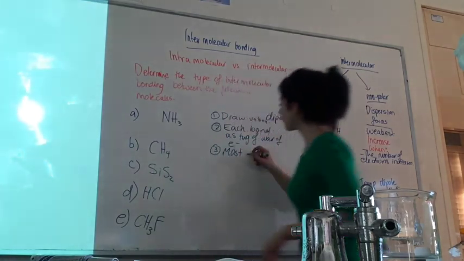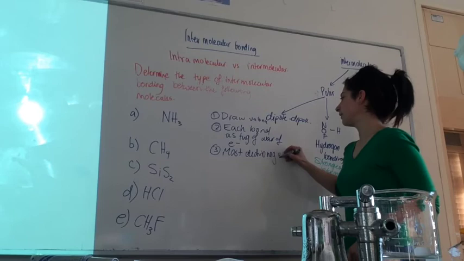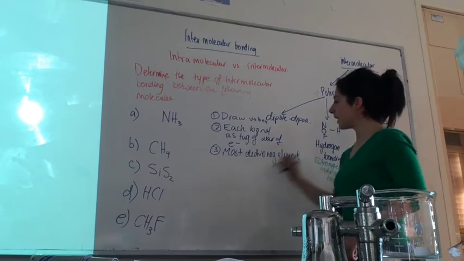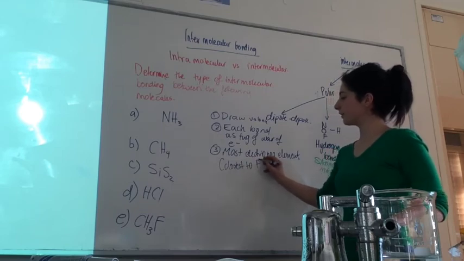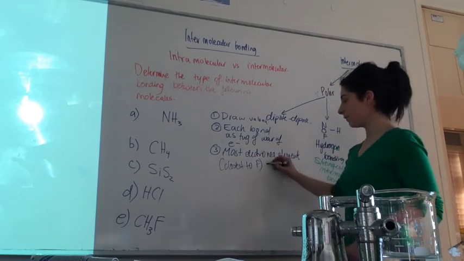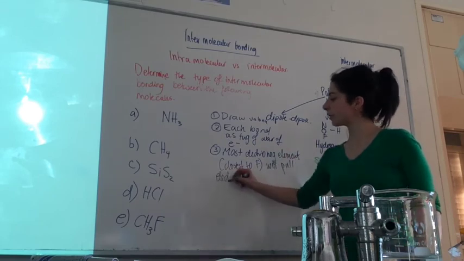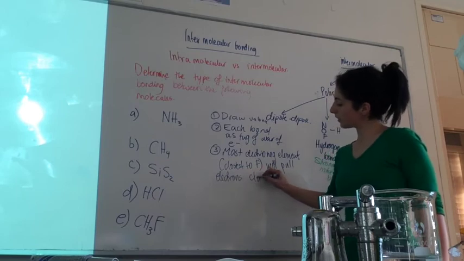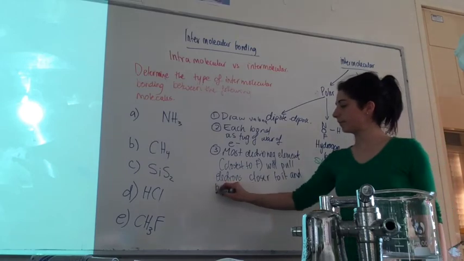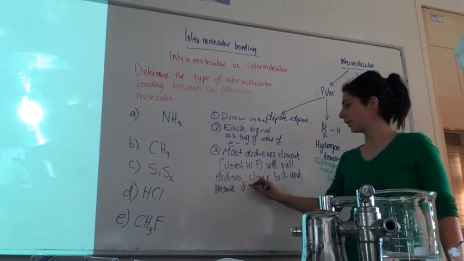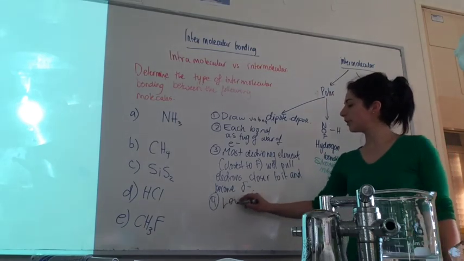So, the most electronegative element, that is closest to fluorine, will pull electrons closer to it and become delta negative.